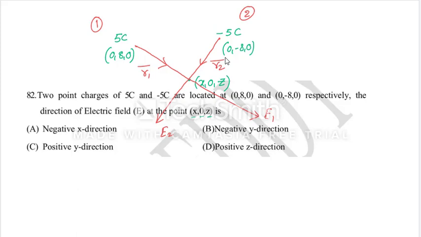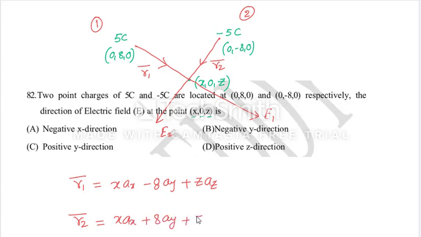Then this distance I can call R1 bar, and this distance R2 bar. Now R1 bar is final minus initial: x ax minus 8 ay plus z az, and R2 bar is x ax plus 8 ay plus z az.